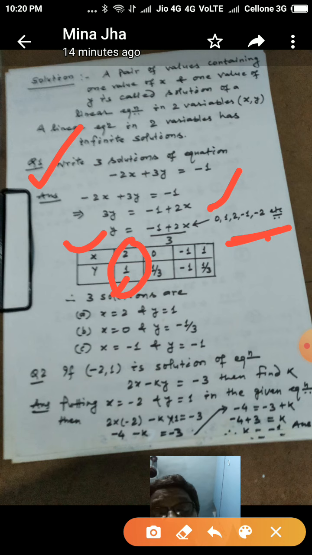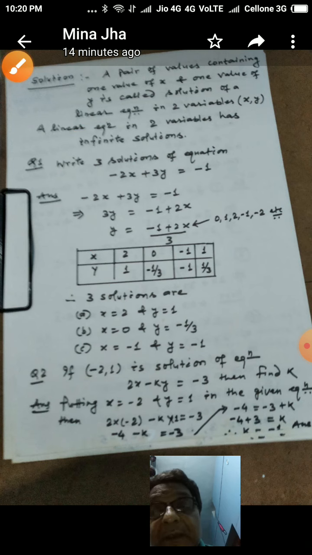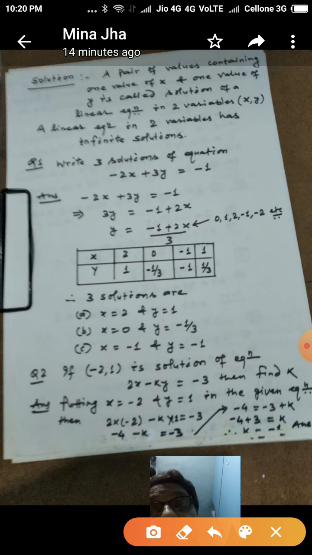So this is one pair of solution, that is x is 2 and y is 1. Similarly we will find other solutions, say putting x equal to 0 in the RHS, now we have y equal to minus 1 by 3. So this is another solution. The three solutions written here are: first, x equal to 2, y equal to 1; second, x equal to 0, y equal to minus 1 by 3.